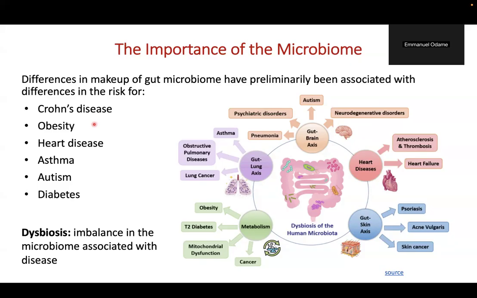This basically happens due to dysbiosis, an imbalance in the microbiome, which is then associated with diseases. For example, as I pointed out earlier, with the gut-brain axis, if you have an imbalance, especially as a child, you might have neurodegenerative disorders, autism, pneumonia, or psychiatric disorders, and it keeps going on and on.